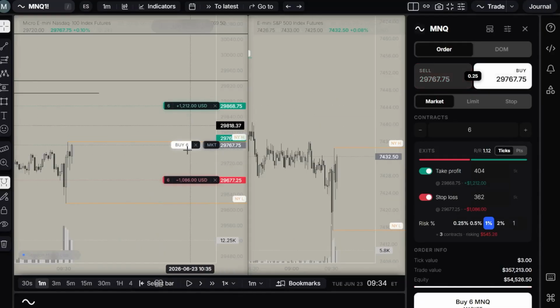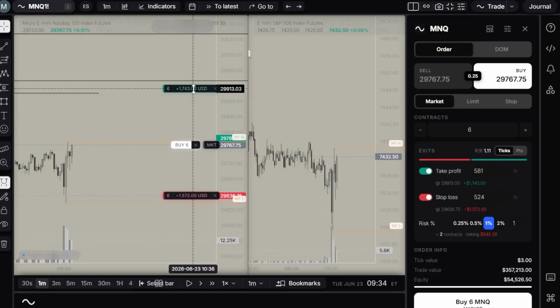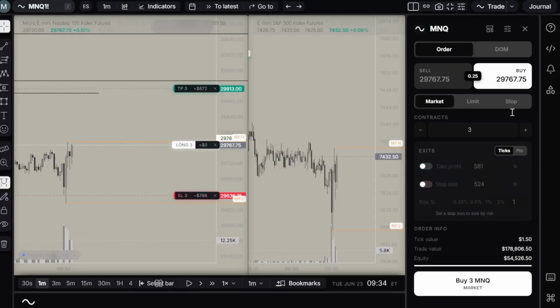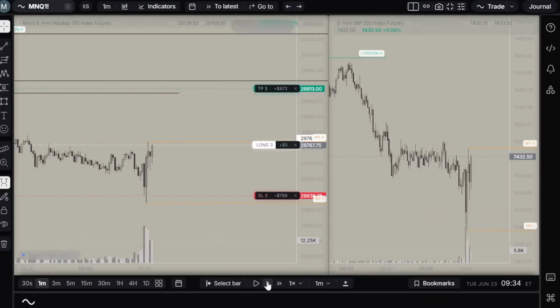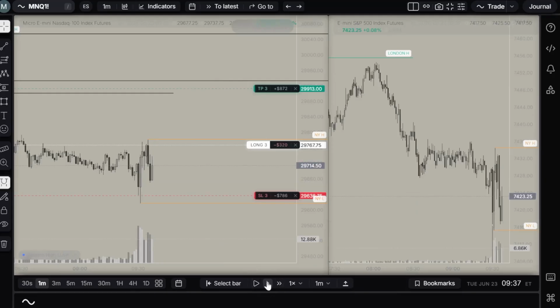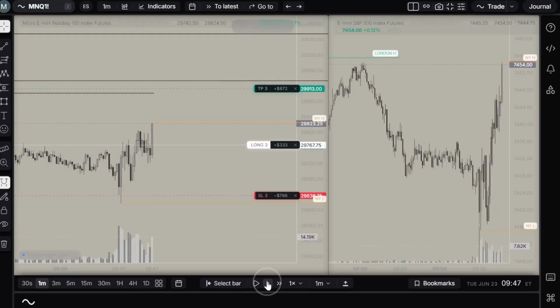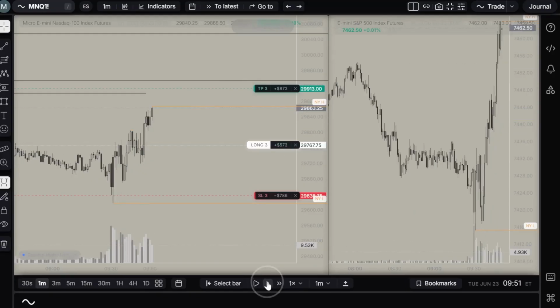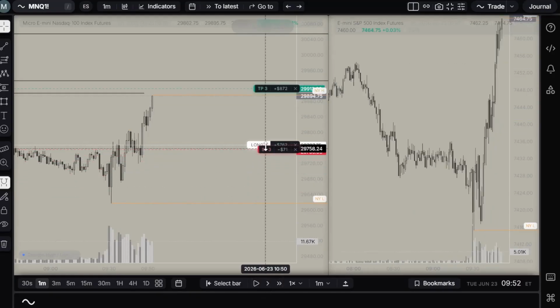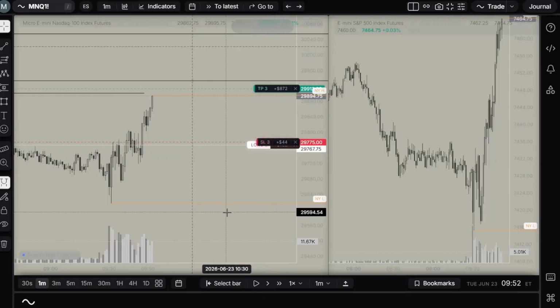This should deliver us because we manipulated to the downside already. There it is. Beautiful. Big break even there.